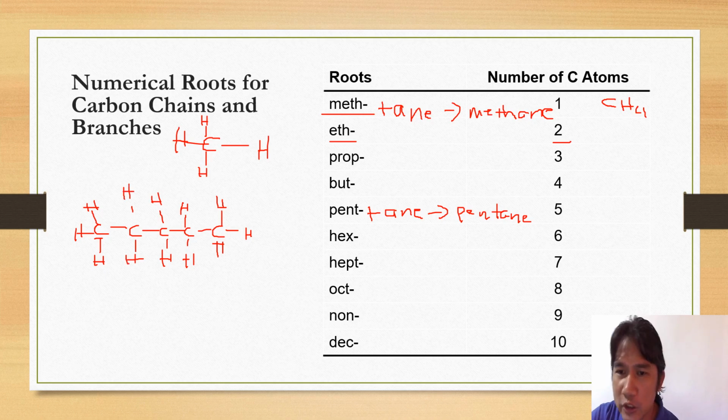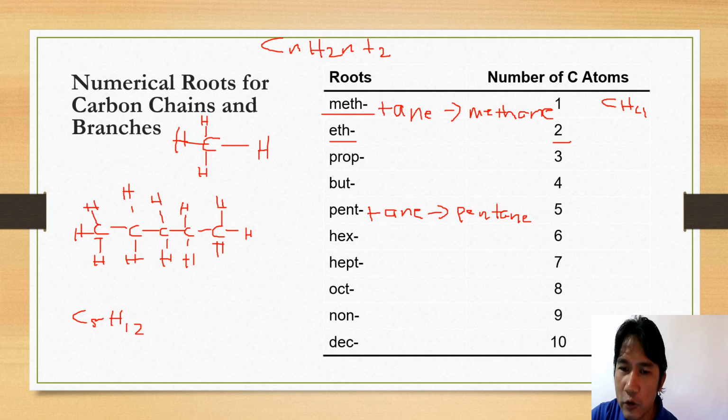Without counting the number of hydrogens, we must be able to determine the molecular formula of pentane following the general formula CnH2n+2. How many carbon atoms? There are 5. So C5, and 5 times 2 is 10, plus 2, so 12.